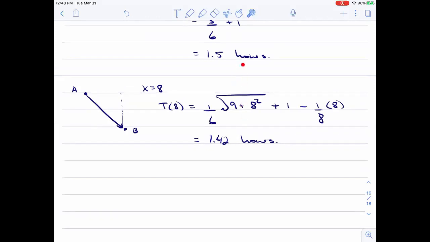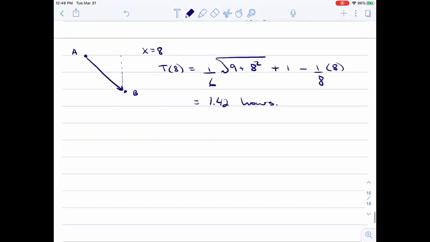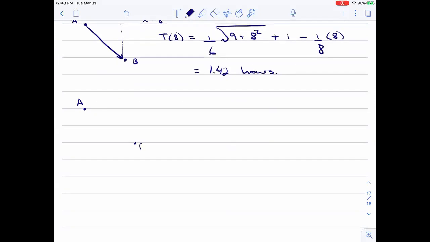Now I'm going to evaluate the critical number. If I'm going from A to B here, we would go from here and then down, and this distance we decided was 3.4 kilometers.